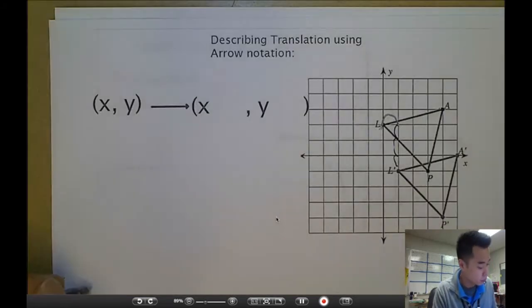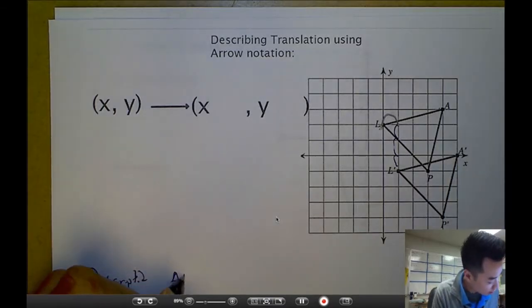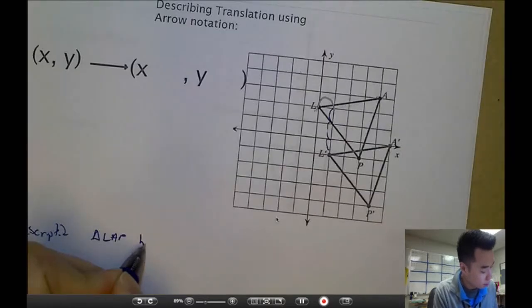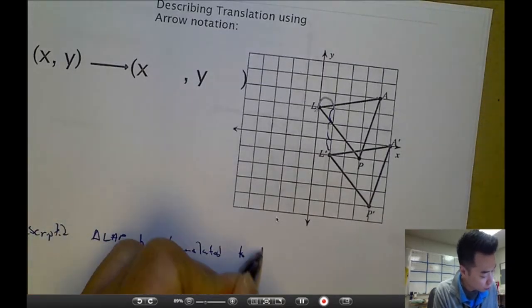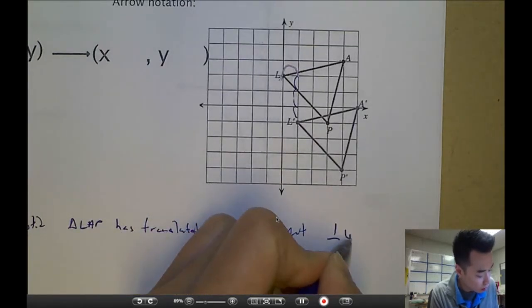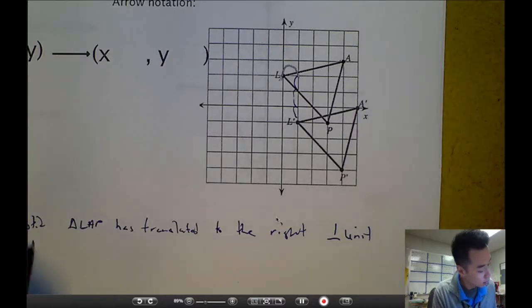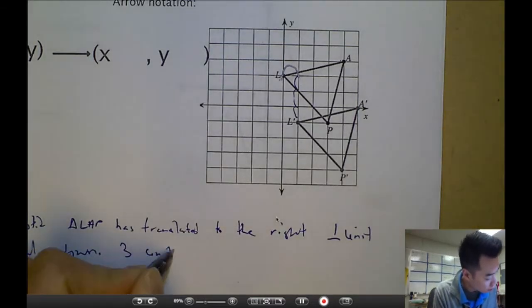So a description would naturally be triangle LAP has translated to the right 1 unit and down 3 units.